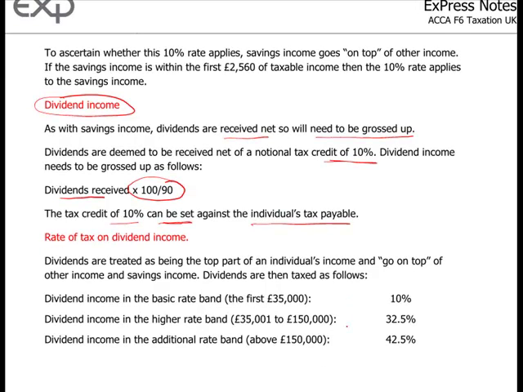Now we've got these horrible little percentages, rates of tax. Dividends are treated as being the top part of an individual's income, and they go on top of other income and savings income. So dividends are then taxed as follows: 10% if you're in the basic rate band, which is the first 35,000. Dividend income in the higher rate band, which is 35,000 to 150,000, is 32.5%, and above that 42.5%.